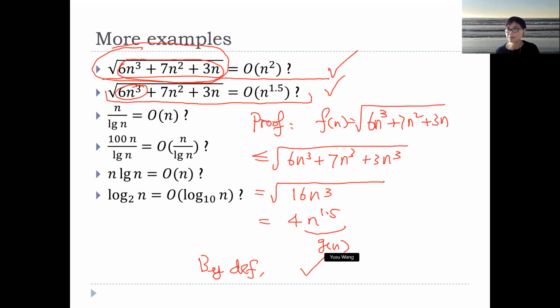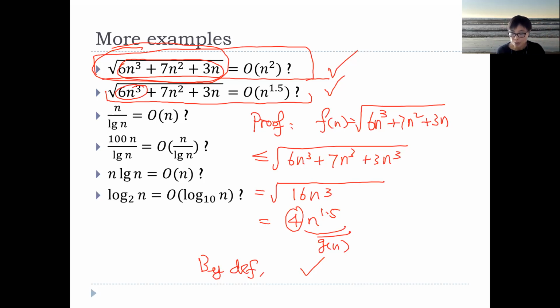I'm skipping writing all the details out. You just want to show that the left-hand side is always smaller than some constant times the right-hand side, and just need to establish that. The reason I'm also giving you the first example is that big O says that as long as it's smaller than some constant times another function, then it's basically smaller than or equal to.